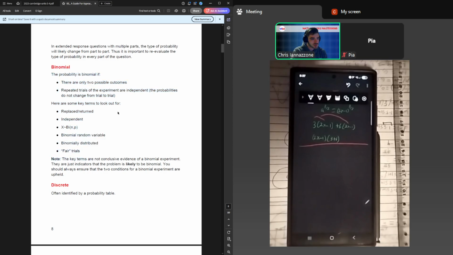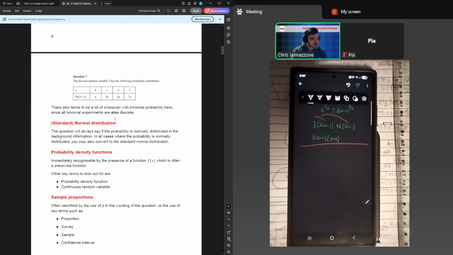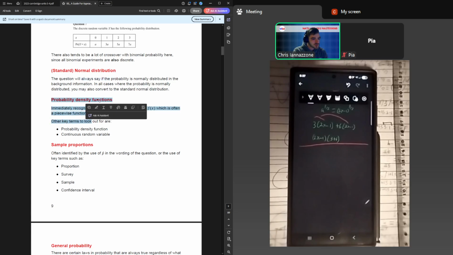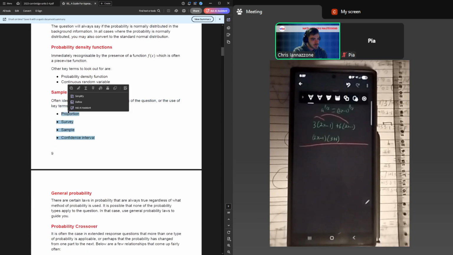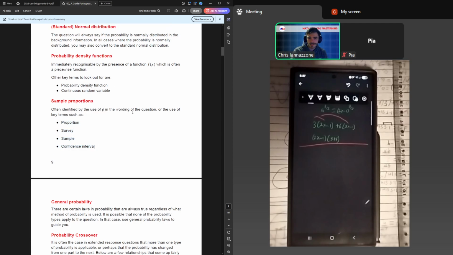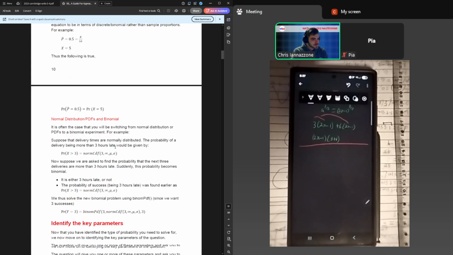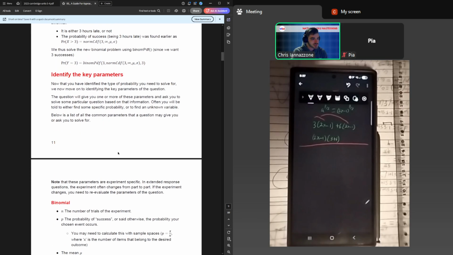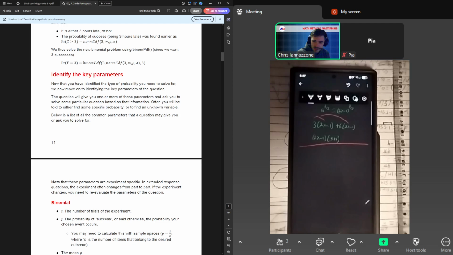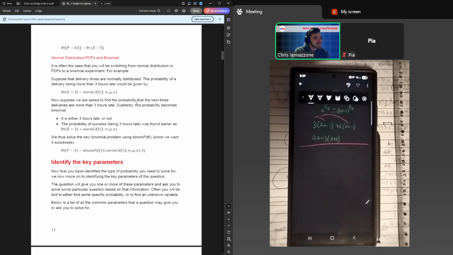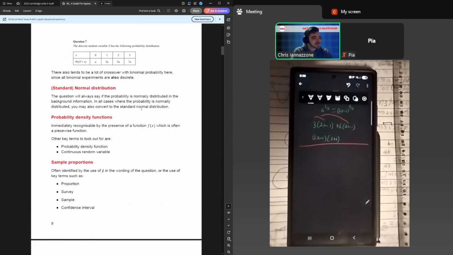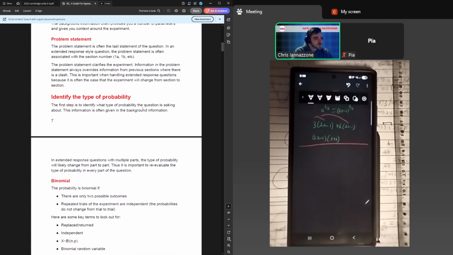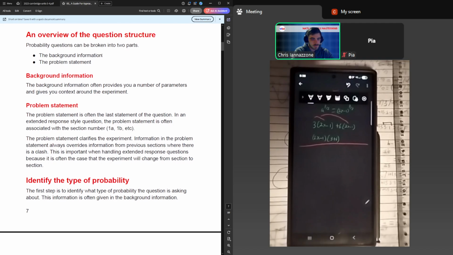Here's a few dot points if you have binomial, a few if you have discrete, if you have normal distribution, PDFs, sample proportions. Basically keywords that come up that might indicate one way or the other. Maybe the first half of this will be interesting to have. I'll just chuck the whole PDF in there. You can chuck it out if you don't want it afterwards. It's fine. But these are the sorts of things you'd be considering when you go through solving these kinds of questions.